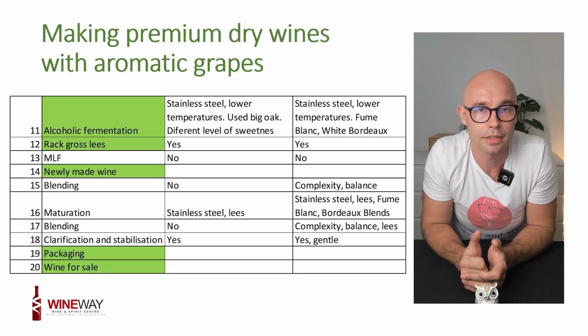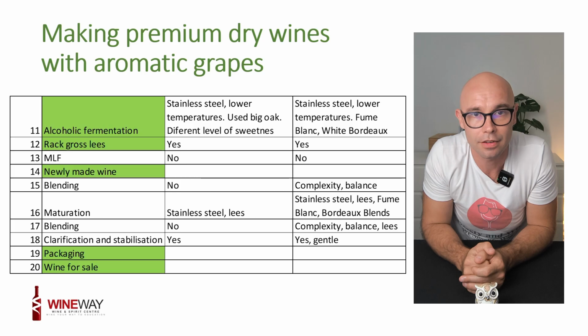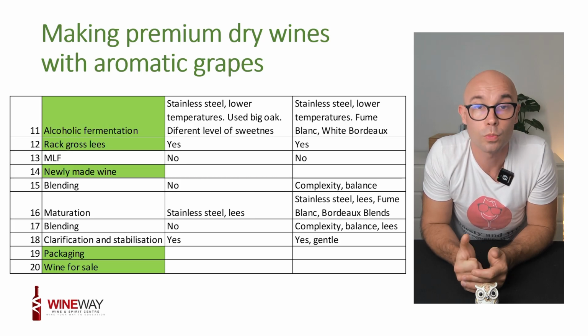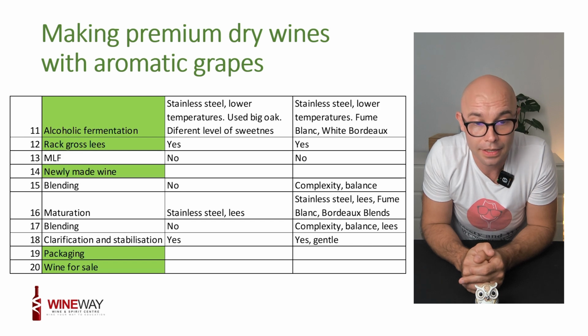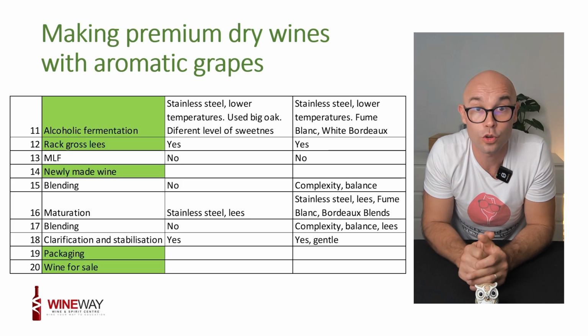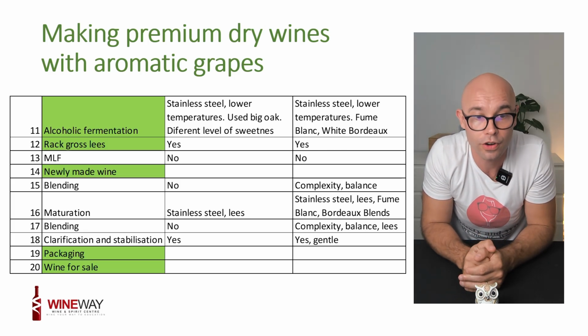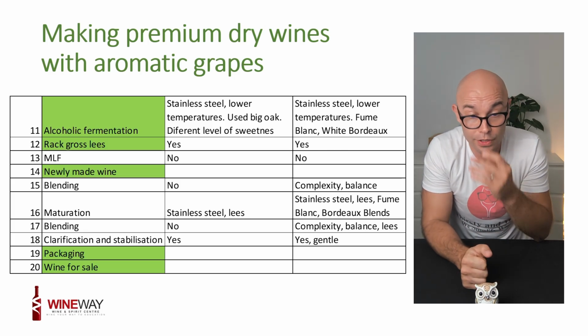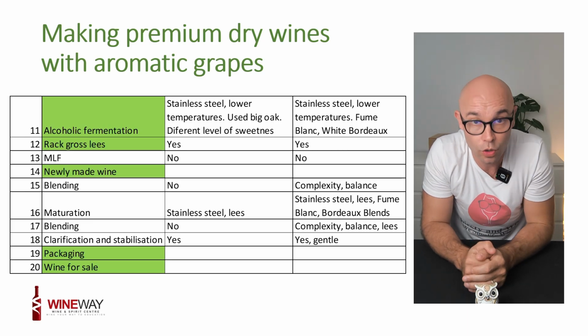But in any case, aromatic grape varieties like Riesling and Sauvignon Blanc are almost always fermented in stainless steel tank or in inert vessels in order to retain the pure varietal character. Rack off gross lees, yes. Malolactic conversion, no, for aromatic grape varieties.